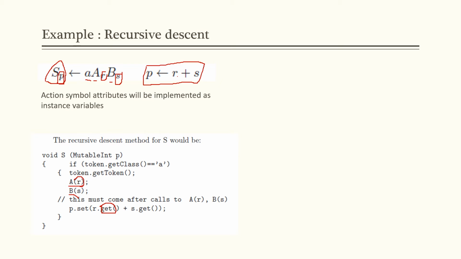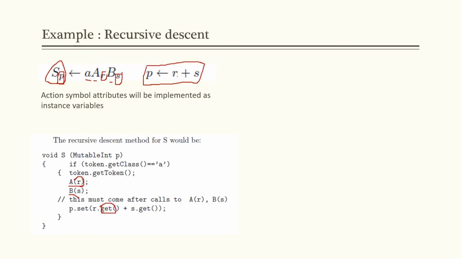So attributes will be implemented as parameters, and then the rules also need to be inserted into your code as operations after you have read the input. That is why attributed grammar is used to determine what the output of the program would be.